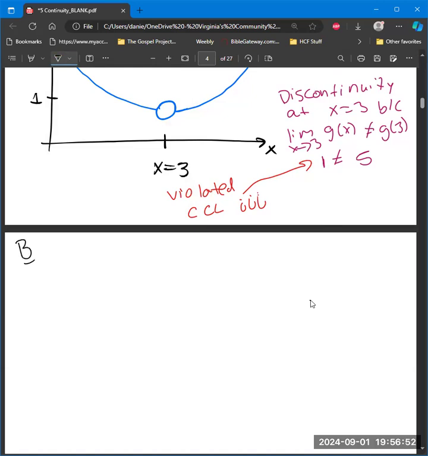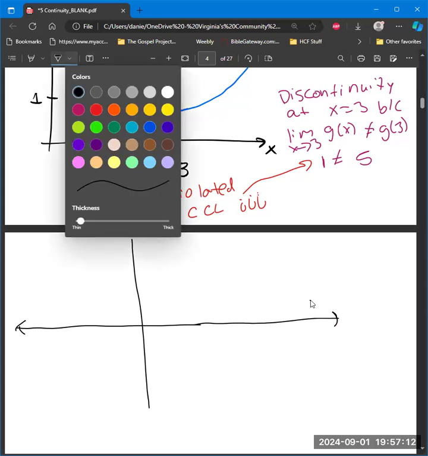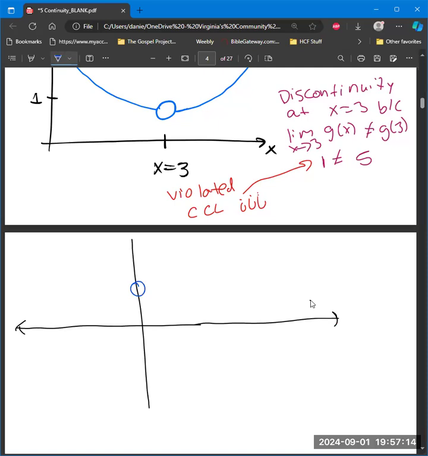So I'm just going to look at a graph here. I'm not going to tell you what this graph is because it's actually based off of a trig function. But I'm just going to draw a graph here that's going to look funny. It's going to have an open circle right here at the point 0, 1.